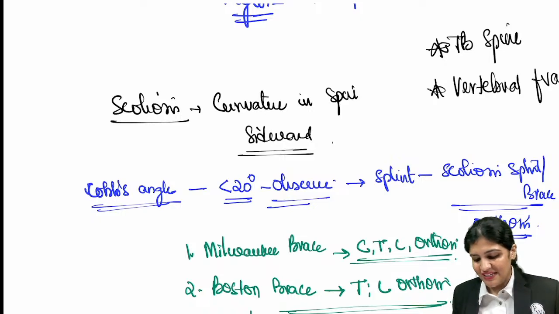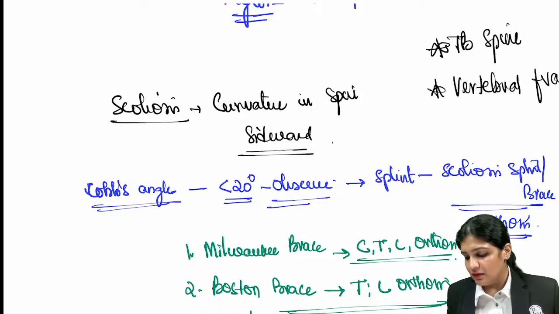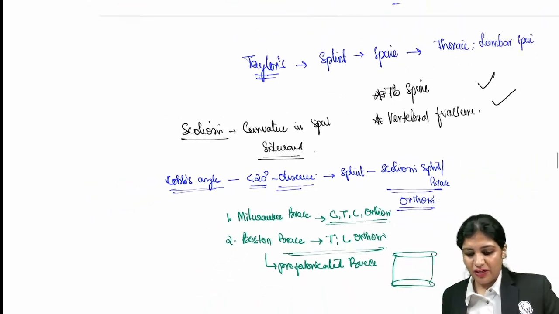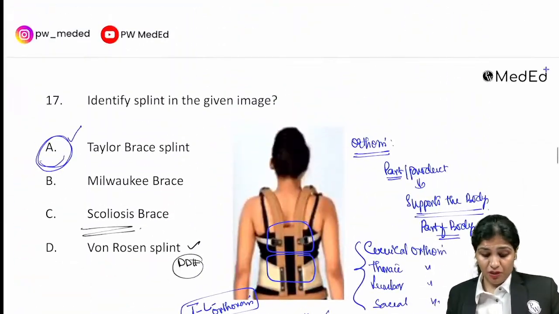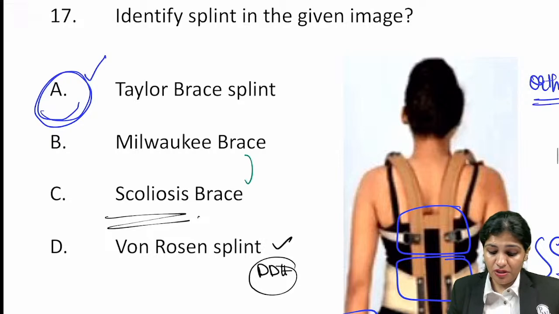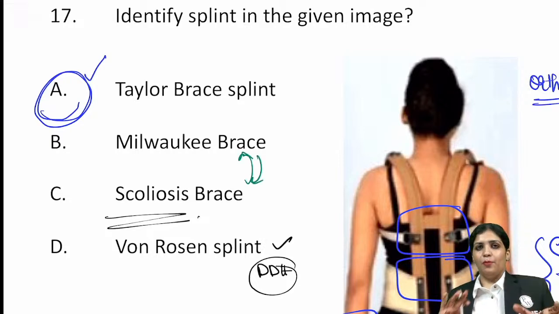And Boston's brace is a prefabricated brace which is like a shield. It is enclosed like a shield. So that is the Boston's brace. So in case of scoliosis, you use these two types of brace, the Milwaukee and the Boston's brace.